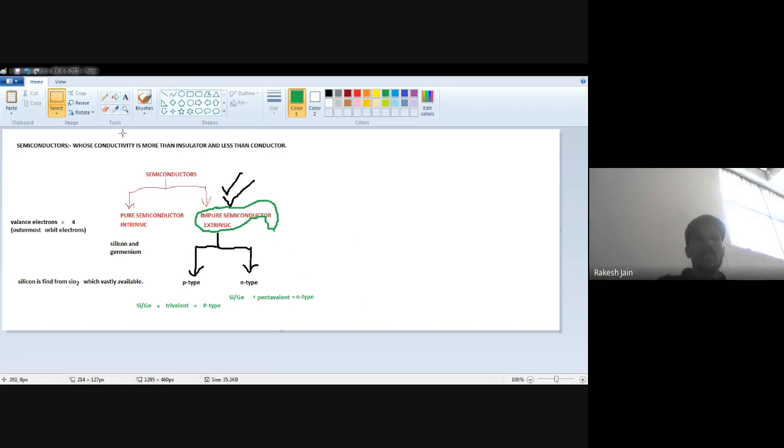Now see, let's suppose I want to make a P-type semiconductor. It means I have to add in intrinsic semiconductor, silicon or germanium, a trivalent impurity.